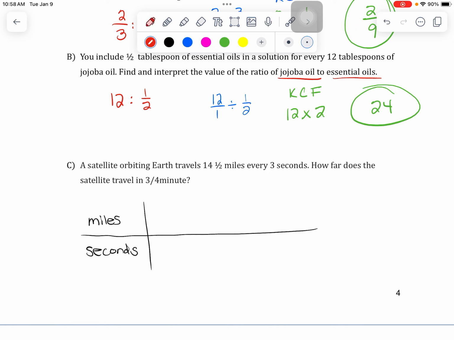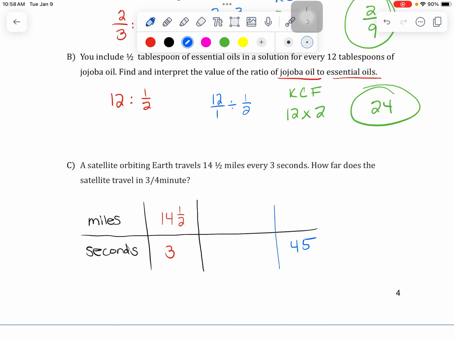So this went 14.5 miles in 3 seconds. So in order to solve this, I want to get to 3/4 of a minute, which I know is 45 seconds, right? So my goal is to get to 45 seconds.